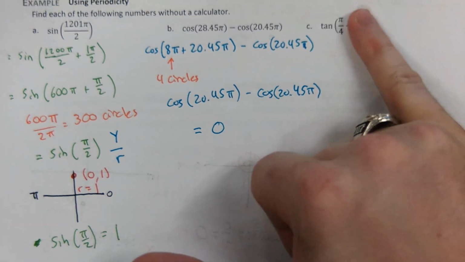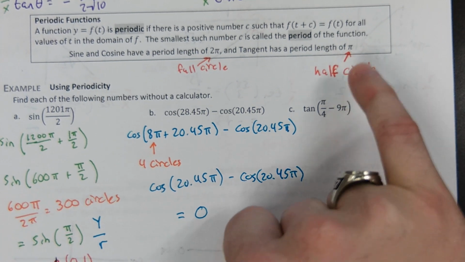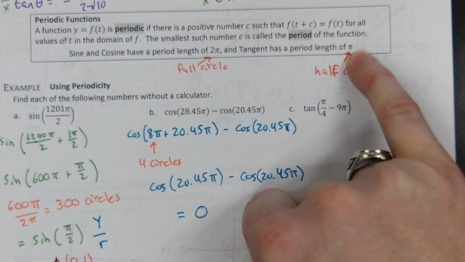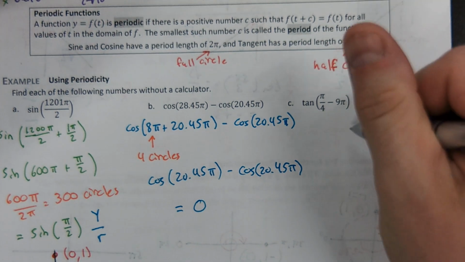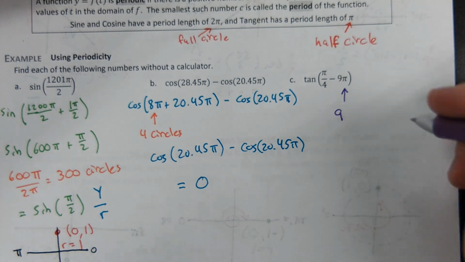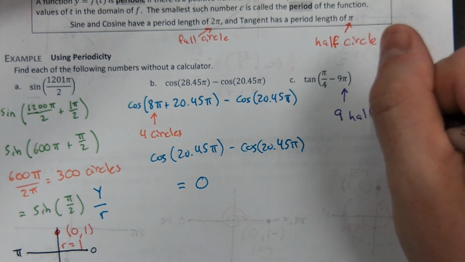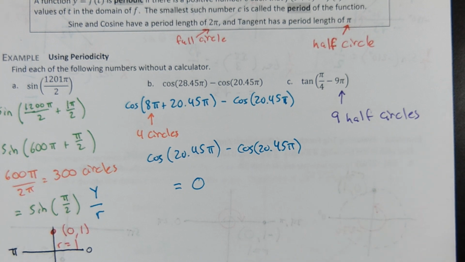And this last one. Tangent repeats itself every half a circle. So this is 9 half circles. And tangent can ignore half circles.